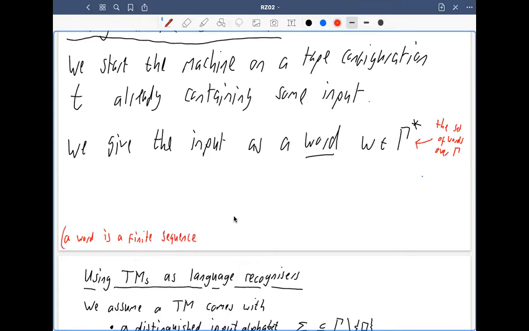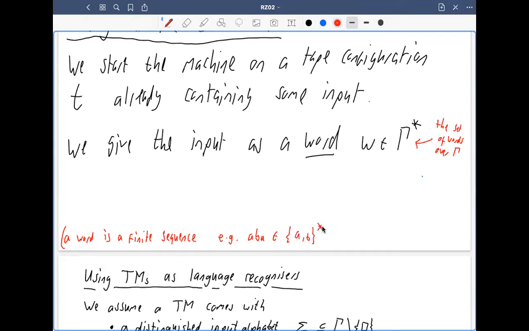And some notation. Let's give an example. The input we used before, ABA, is a word in the set of words over the alphabet AB.